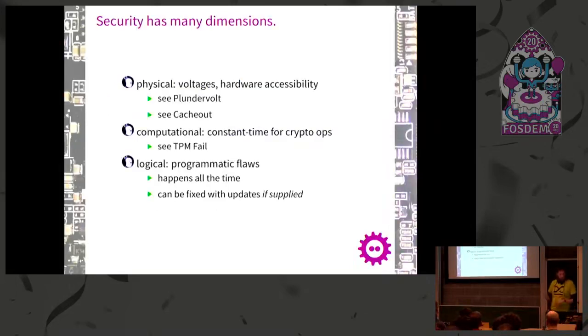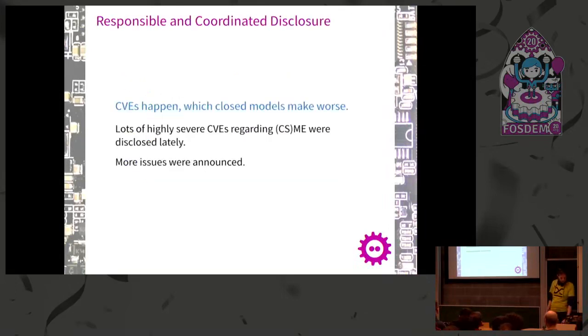So security actually has many dimensions. We have heard about these security issues. There is something called responsible disclosure and also coordinated disclosure. That's the model that researchers are using, and also most of the companies. They don't publish information up front. They will take it offline and have their internal discussions. At some point, there will be information released, hopefully.